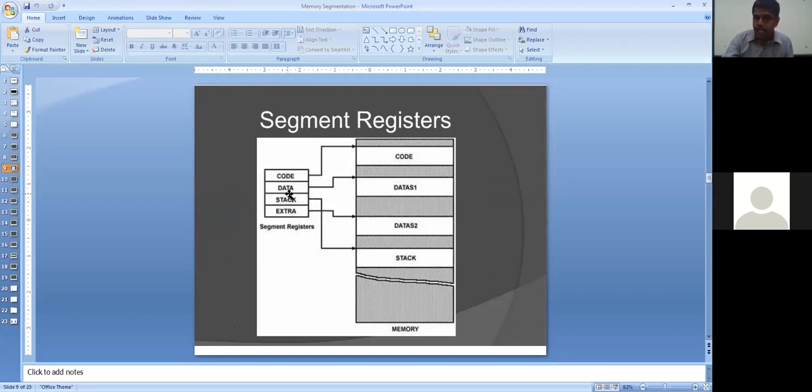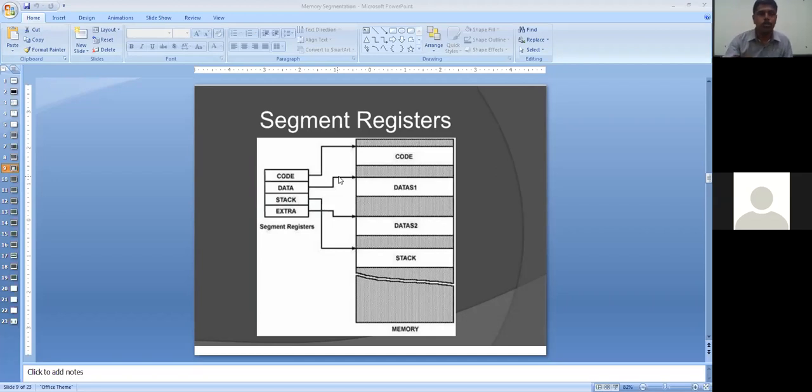This 16-bit address corresponds to the starting address of the data segment. But the physical address is represented by 20 bits. How can we convert this 16-bit address stored in the data segment register into 20 bits? What we are going to do is append a 0 in the LSB.